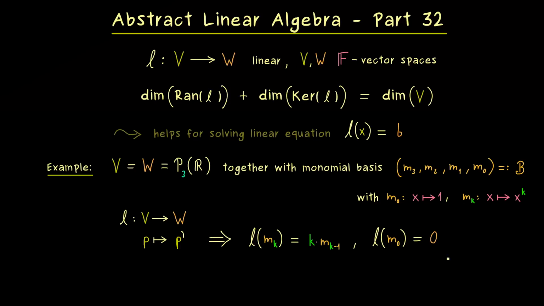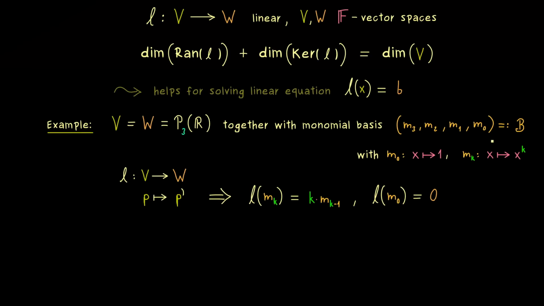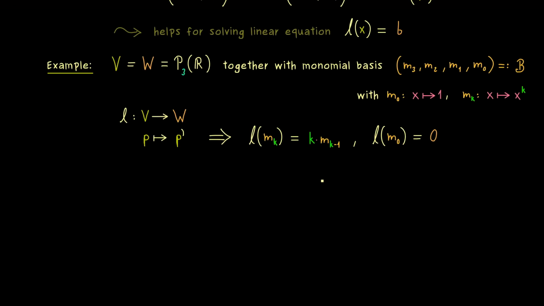This means here on the right hand side we have the 0 vector in the polynomial space, which is the polynomial which sends every x to 0. In fact, this example we have already discussed in part 25, so the matrix representation with respect to B should not be a problem here.